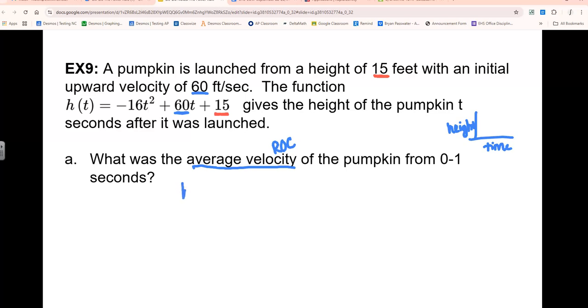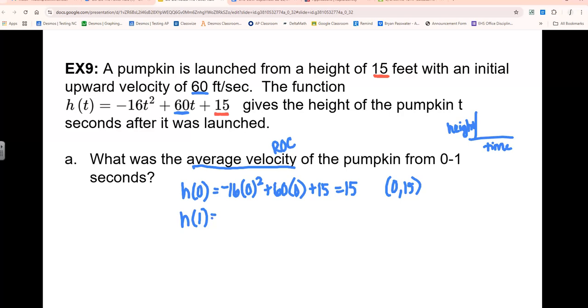So I would find h of 0, which would just be negative 16 times 0 squared plus 60 times 0 plus 15. That's just going to give you 15. So that point is (0, 15). And then I'm going to find h of 1, which is negative 16 times 1 squared plus 60 times 1 plus 15.